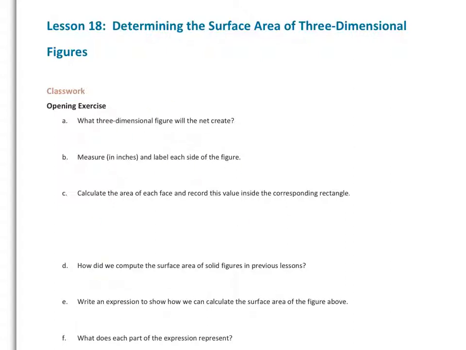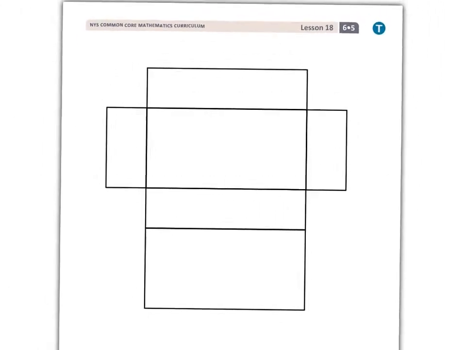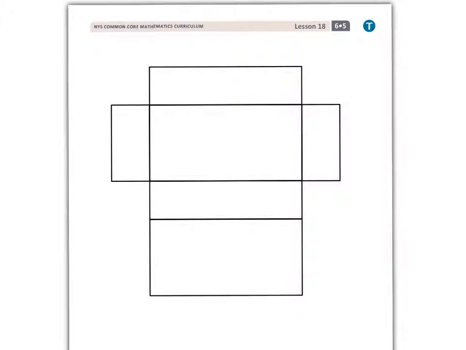The page that you should have looks like this, and it's just a net. As you are looking at this net, you should be thinking that it looks like this shape right here, this rectangle, and this rectangle.